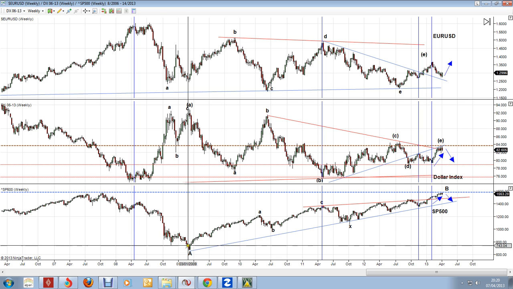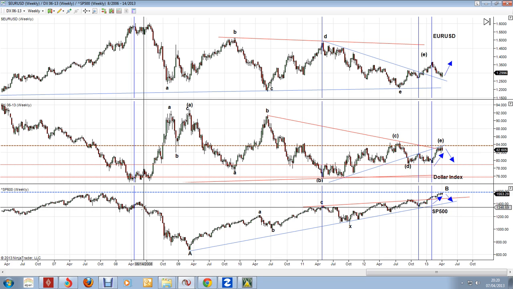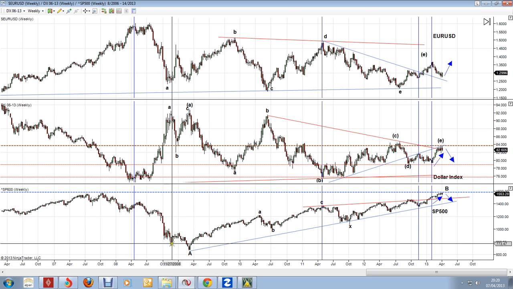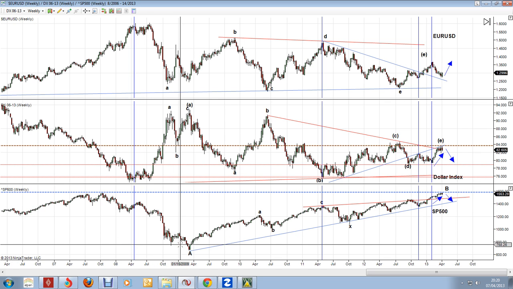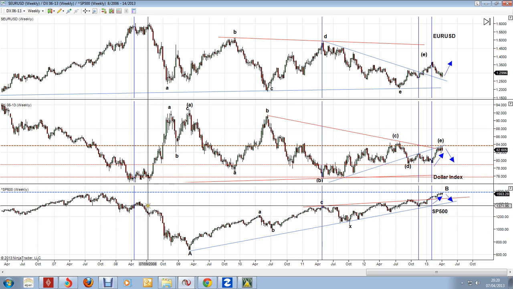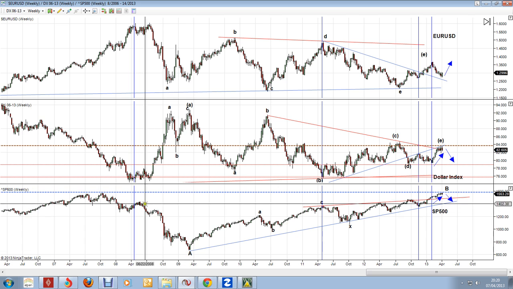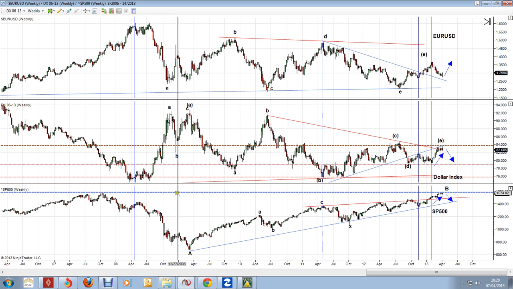You would expect that because the constituents of the S&P 500 index are measured in dollars. So whatever stock shares you have, they are measured in dollars. If the dollar is getting strong, then the nominal value of those assets would decline, so we see the index falling when the dollar index is going up.